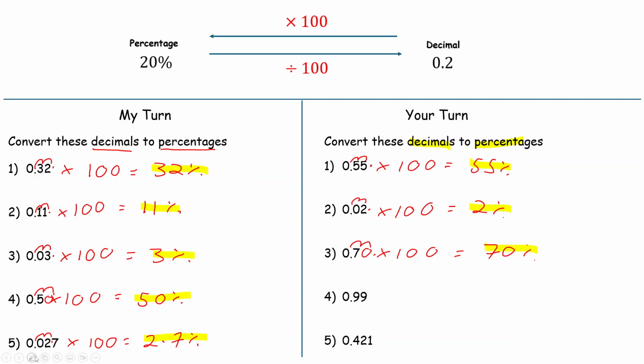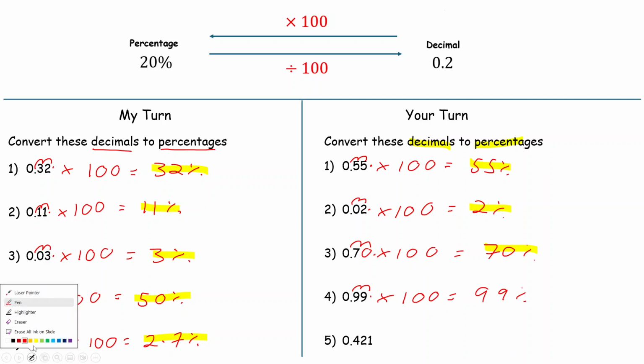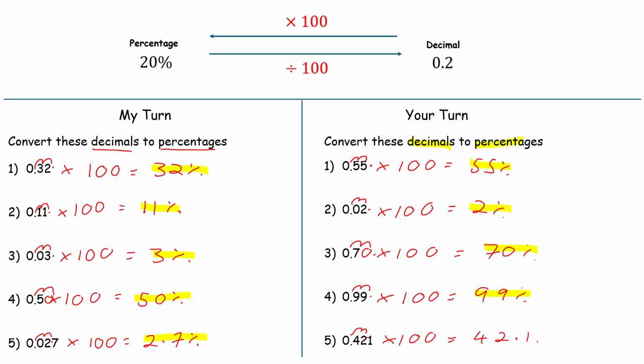We've then got 0.99, so we're going to be timesing through again by 100, up by 1, 2, up to here to give you 99%. And then last but not least, we've got 0.421. We're timesing through by 100 to give you 1, 2, up to here, so 42.1%.